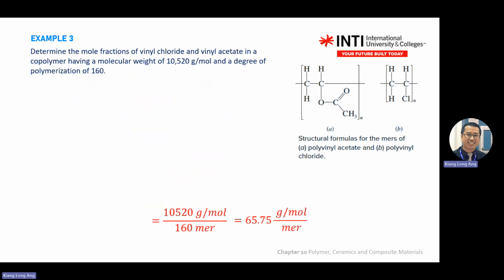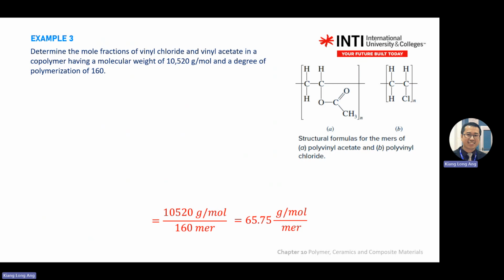Example 3: you need to find the mole fraction of PVC and PVA in a copolymer having this molecular weight, 10520 gram per mole, and degree of polymerization 160. So this one is actually testing you on the definition of degree of polymerization.